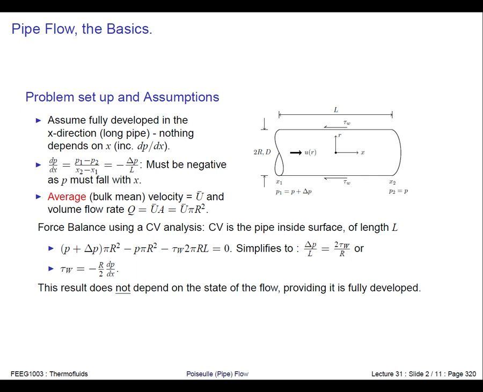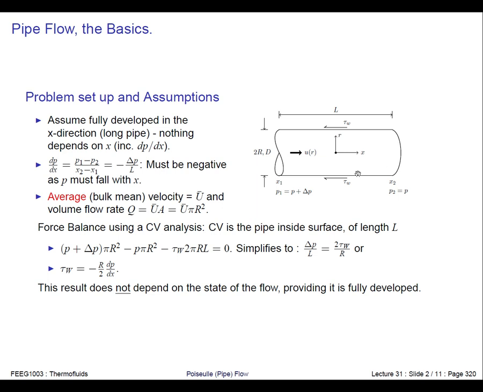Okay, so now what we're going to do is do a force balance on a section of our pipe. It's a section of pipe of length L, and our control volume encompasses all of the fluid in that length L, all the way up to the wall.